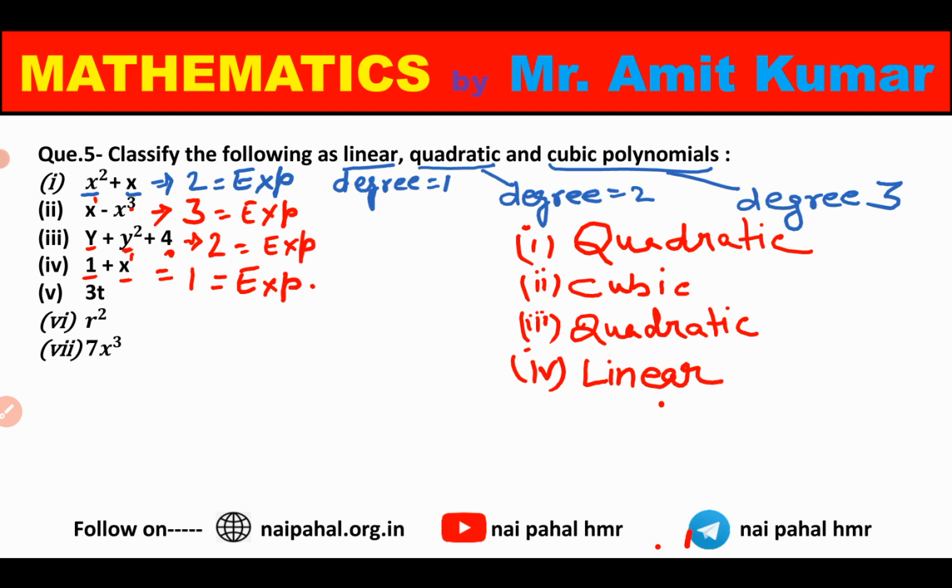For the next part, 3t, it has power 1, because if there is any literal with no power written, then you may add 1 to that. So if 1 is our exponent, then it will be linear.